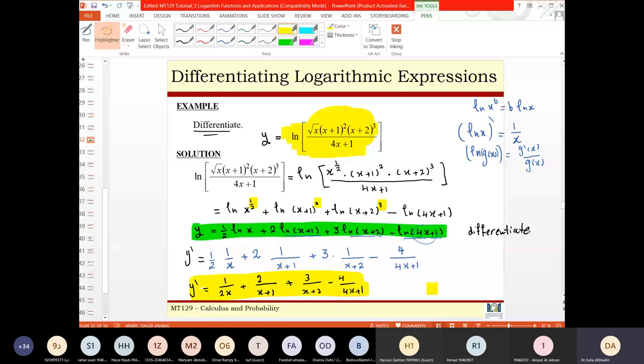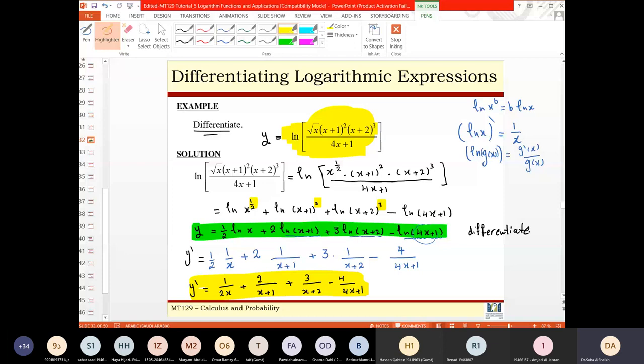Exactly. We use ln to cut into plus and minus. Exactly, Esam. We have to expand it. We have to cut the function into smaller functions before we can find the derivative.